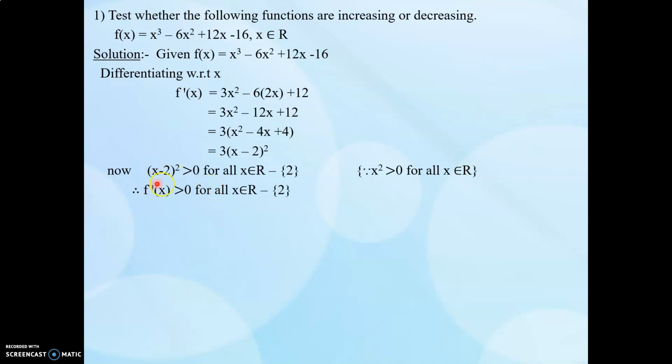So f dash x is greater than 0 for all x belongs to R minus set 2. So f of x is an increasing function for all x belongs to R minus set 2. That is the answer for this question. So this given function is increasing in the real number system except this point. So x belongs to R minus set 2.